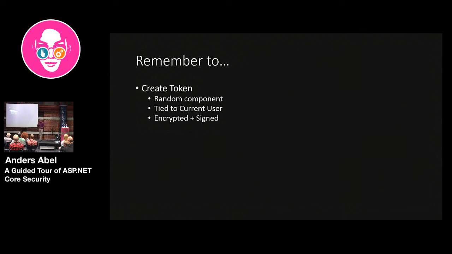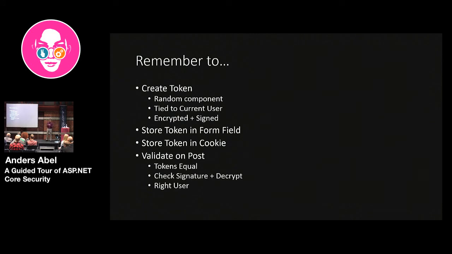You encrypt it, you sign it, you put that in a form field, you put it also in a cookie, and on receiving a form post, you have to validate that the tokens still match and are equal. You check the signature, decrypt it, and check that it still is the right user that is logged in. Or you just apply a ValidateAntiForgeryToken attribute to your controller or action.